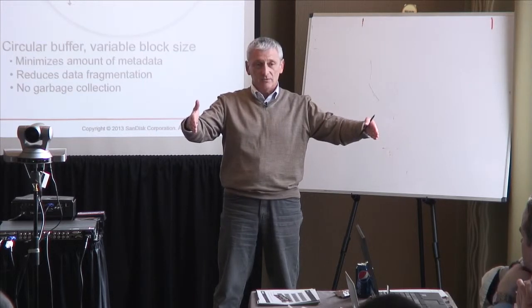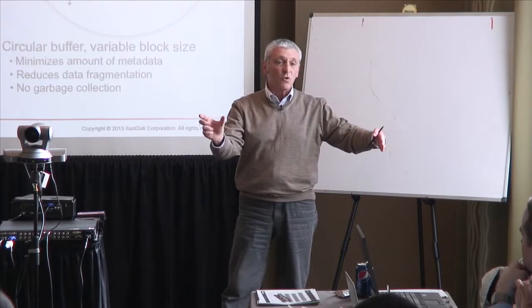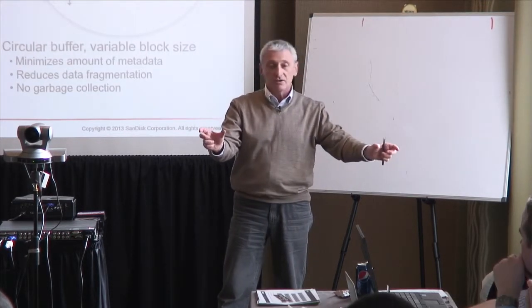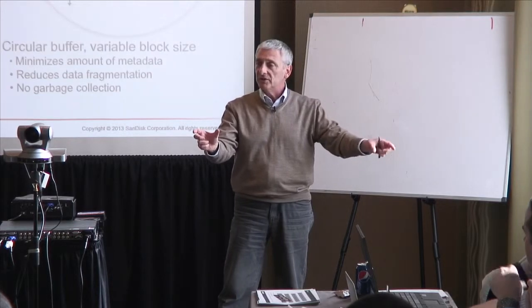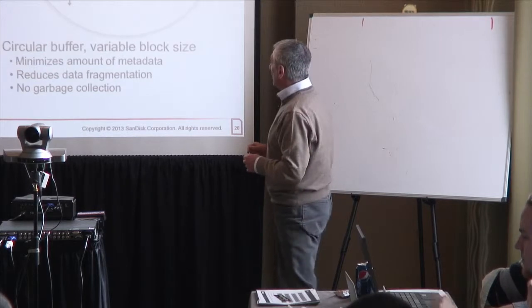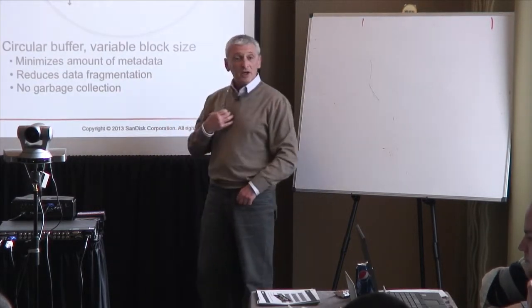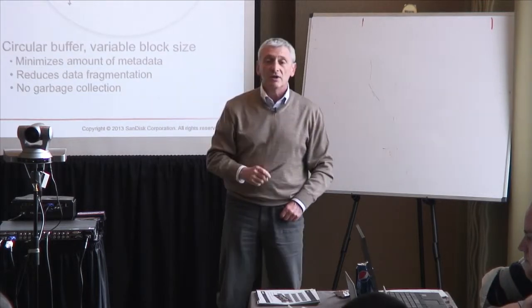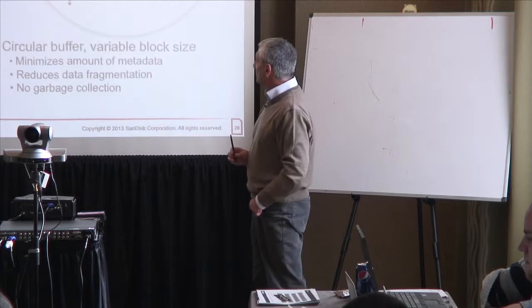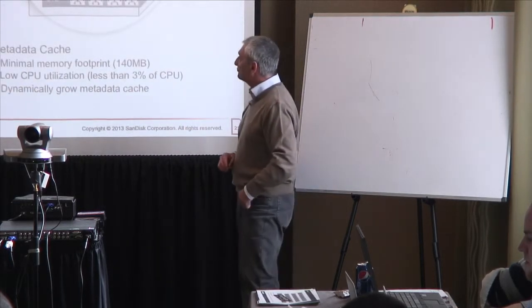I'll explain how we coalesce this a little bit later. And we attach a small metadata header and maybe footer, depending on SSD design. Sometimes we need a footer to satisfy a SCSI requirement. We minimize the amount of metadata, reduce fragmentation, and on our level, because it's a circular buffer, there is no garbage collection. Next, please. By the way, any questions, anytime, welcome.